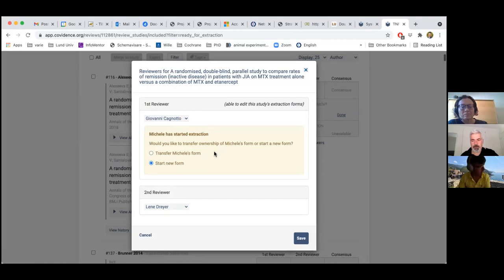So you do this only if you think that the old work was wrong, for example. Otherwise, usually it's better to do like this, so you can keep the work done by the previous person, and then you can edit if needed. So when we do this, usually we click on this first option, and then click Save here, and then you take over. But everything we do will be recorded in the history of our job.